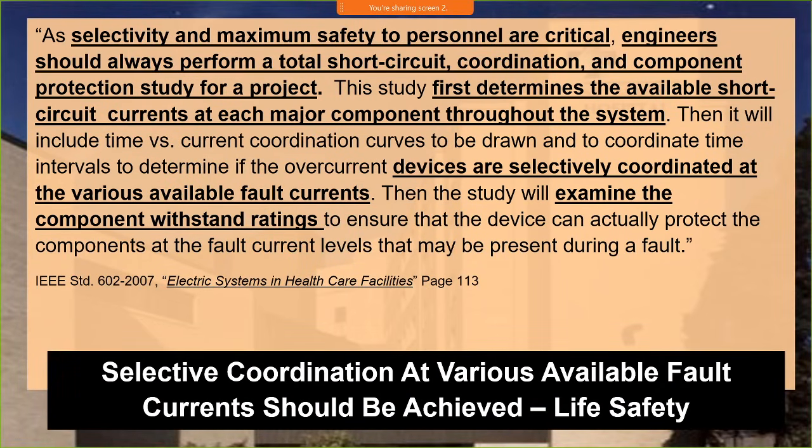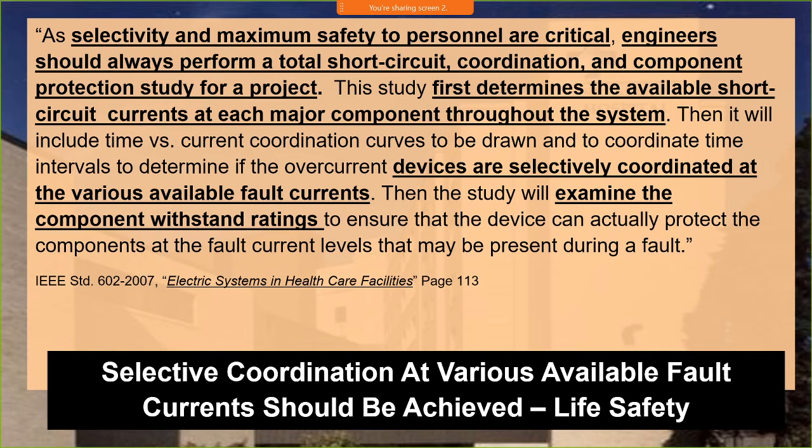Now, when you think about reference materials, IEEE documents and IEEE standards echo this definition and our goals in selective coordination. This is taken from the healthcare facilities book. I call it the White Book, IEEE Standard 602, page 113 of the 2007 edition.